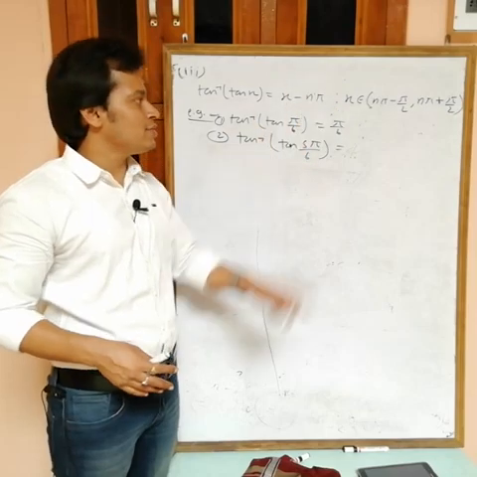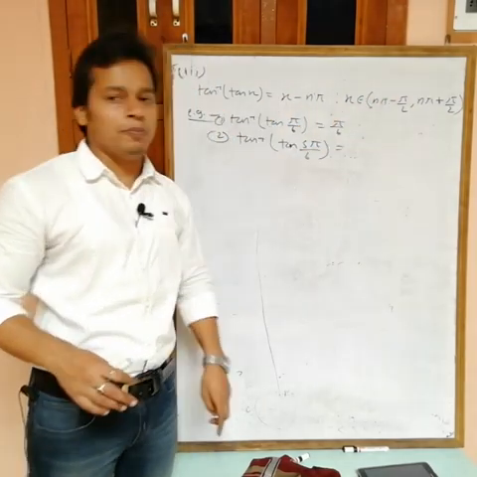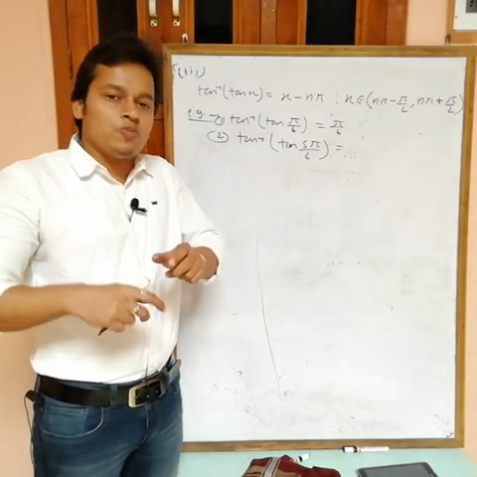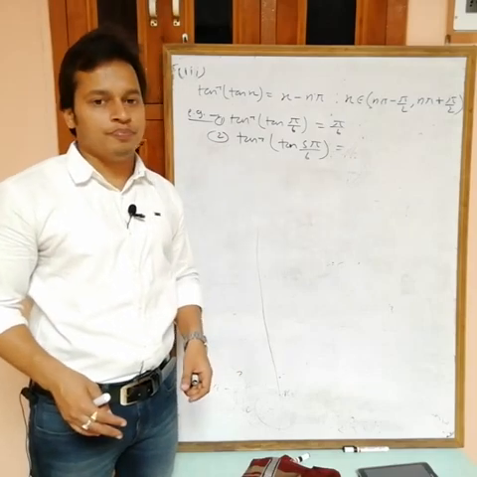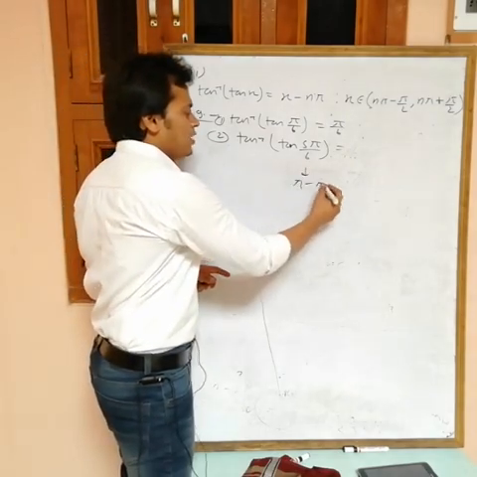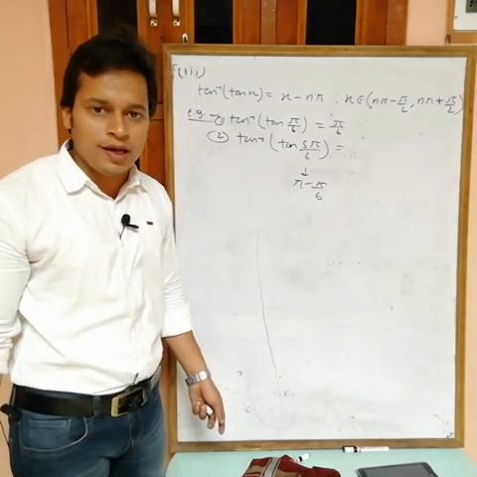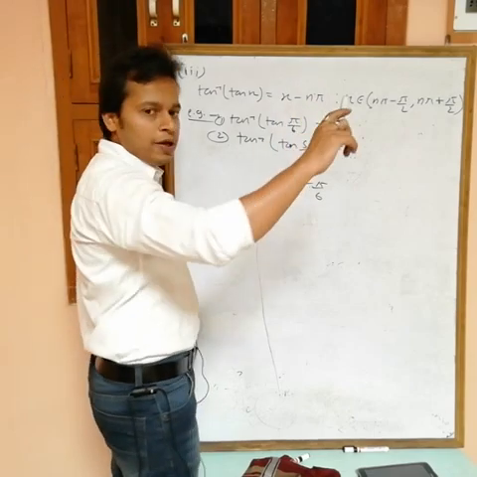The formula is x minus n pi, when x is in n pi minus pi by 2 to n pi plus pi by 2. Minus pi by 2 to plus pi by 2 means near to n pi. Now first identify which multiple of pi this is near to. This is pi minus pi by 6, so this one is near to pi. If this is near to pi, then the final answer is x minus n pi.